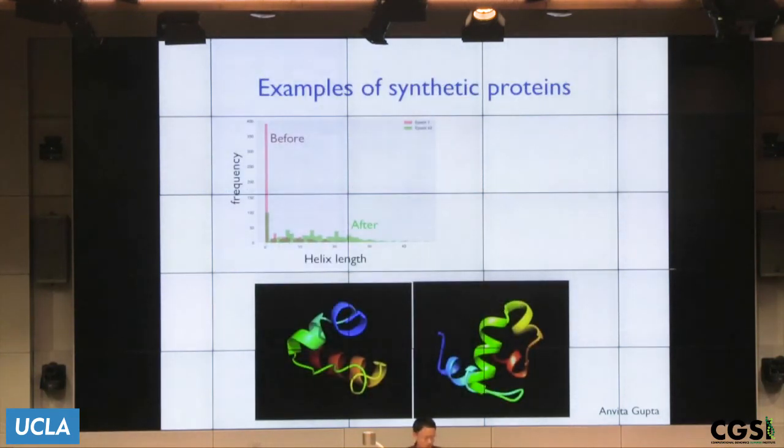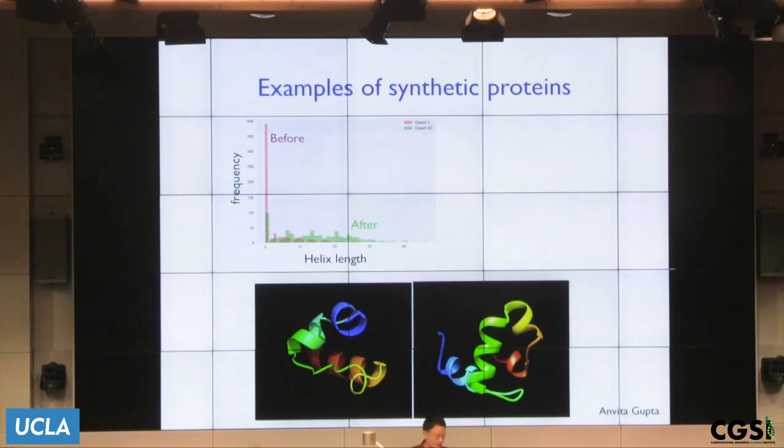The real test is, can we actually synthesize these proteins and functionally test whether they have interesting properties? That's still very much ongoing work. So here's a very simple proof of concept. Can I first generate proteins that have certain types of desirable secondary structures?